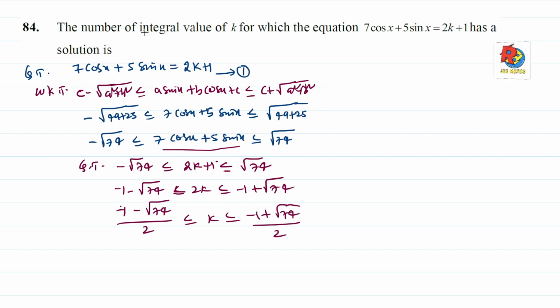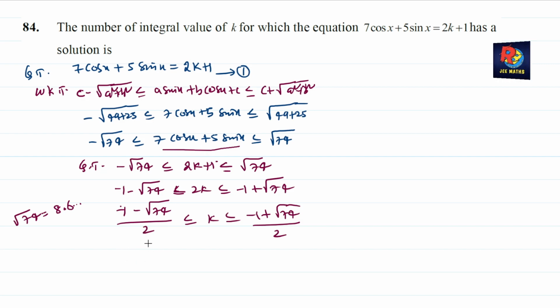Here we can observe that root 74 is approximately 8.6, since it is greater than 64, which gives 8, and the remaining is approximately 0.6. You can just write this approximate value.